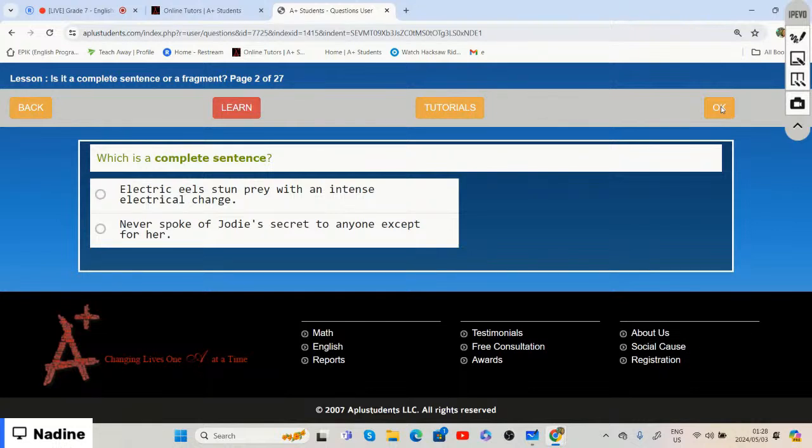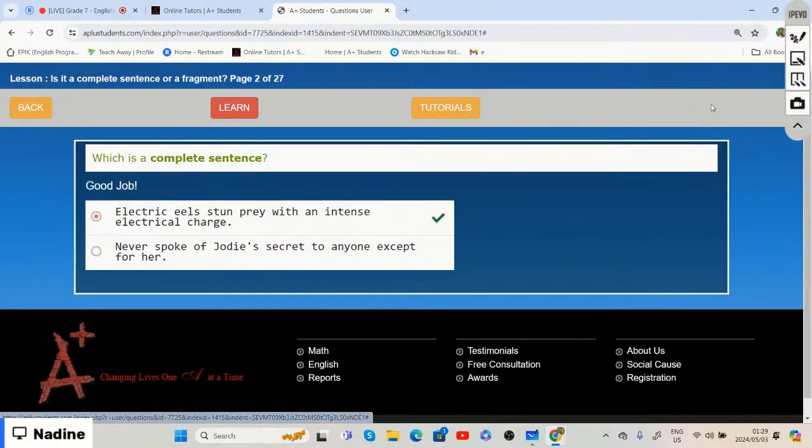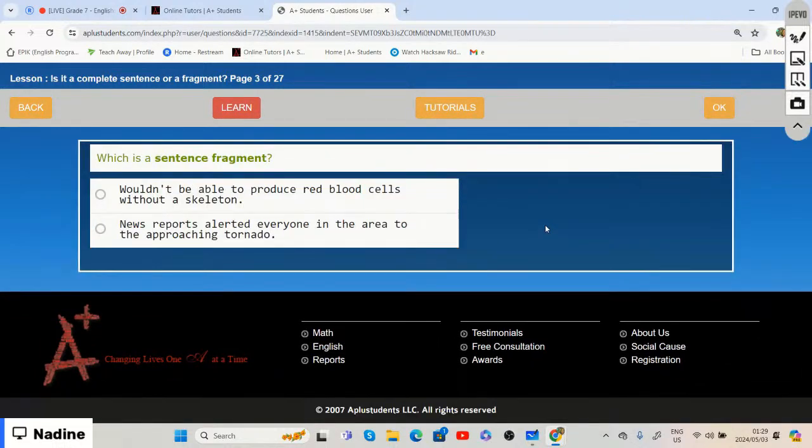Remember, a complete sentence has a subject as well as a predicate, which means it's got a subject as well as a verb.